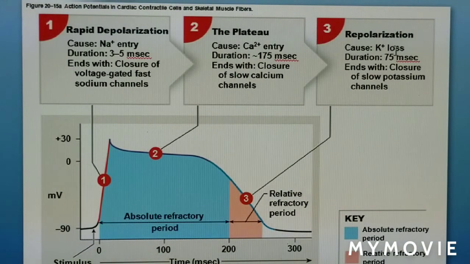Potassium is slow. Closure of the slow potassium channels. And in the blue is the absolute refractory period, where we cannot have another action potential. In the relative refractory period here, we can if it's a heavy stimulation.